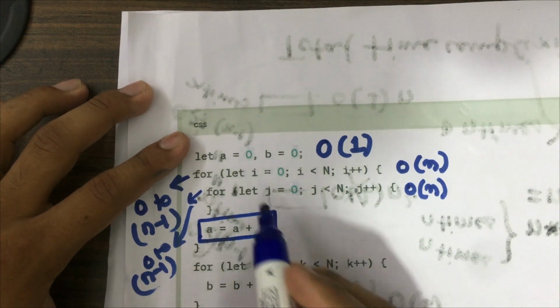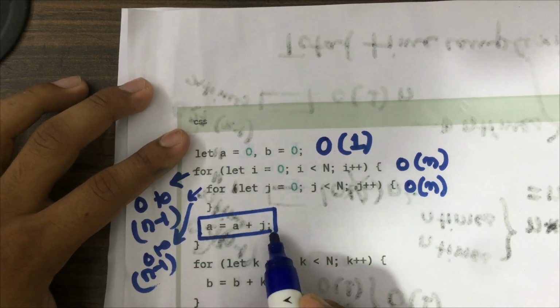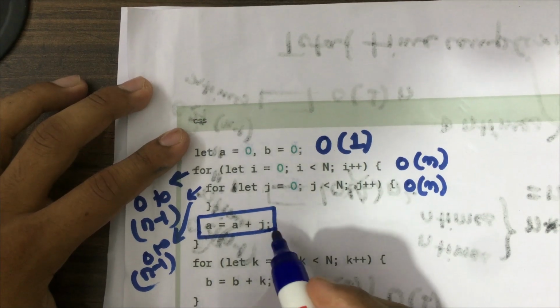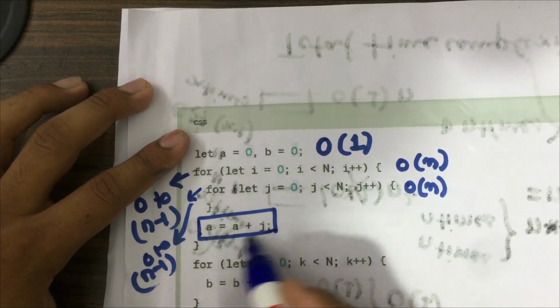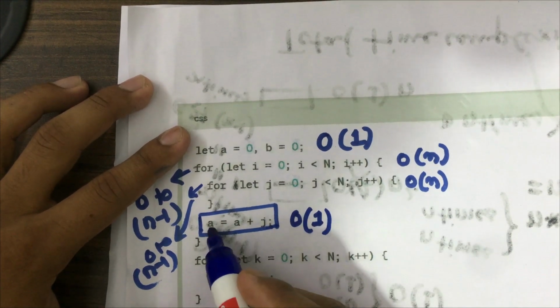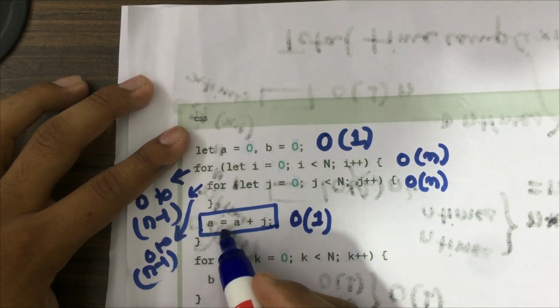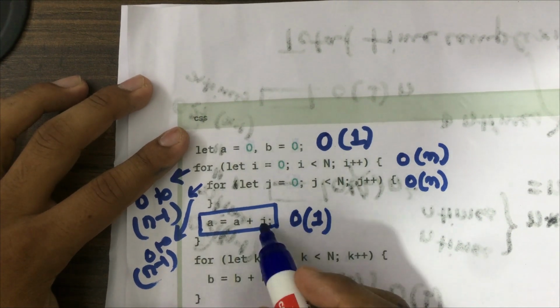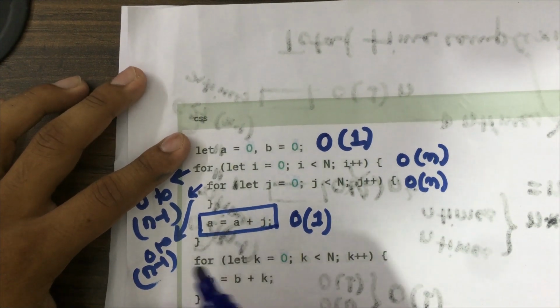Now if we look carefully, the last for loop inside here has a statement, right? So the effect of both of these for loops will be applied on this last one. Let's analyze what kind of complexity this statement is producing. It's O of 1, because an assignment is happening. Basically j is added to A. You know what I mean, right?